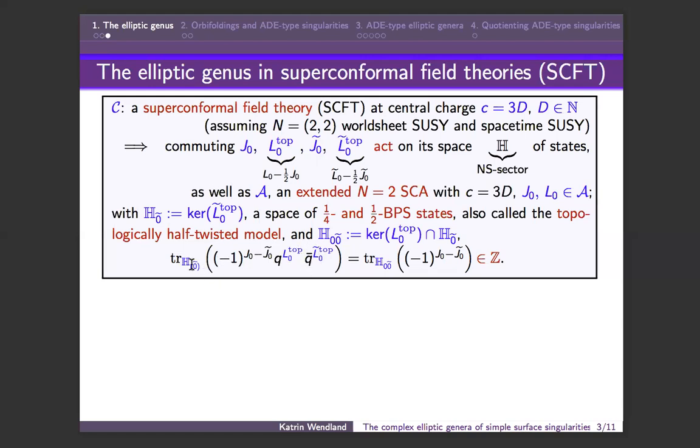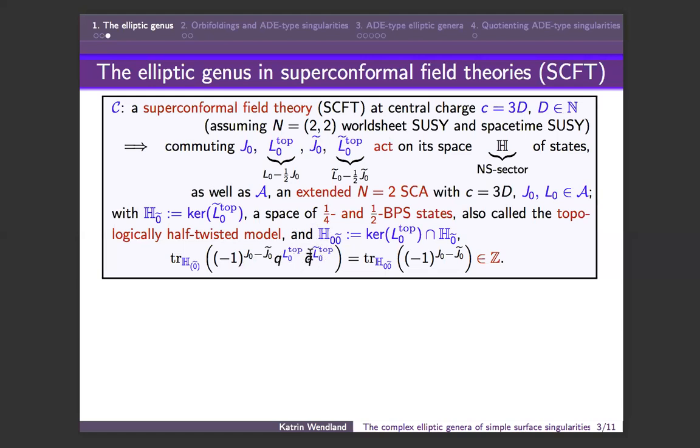I've put the 0 tilde here in a bracket because it really doesn't matter for the result of taking this trace. It doesn't matter whether you're taking the trace over the full Neveu-Schwarz sector or just over the topologically half-twisted space. That is an effect of the worldsheet supersymmetry, which has the effect that you have lots of cancellations here in accounting for the coefficients in front of powers of Q and Q bar.